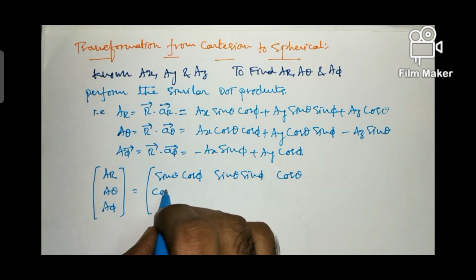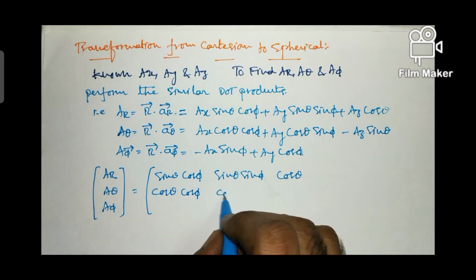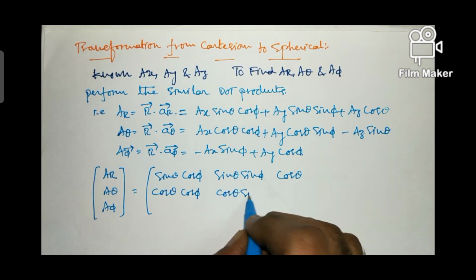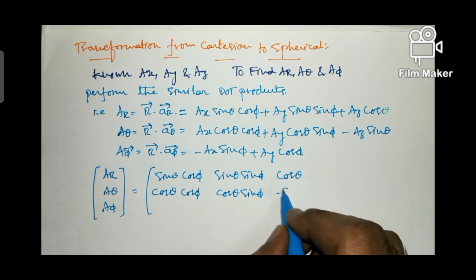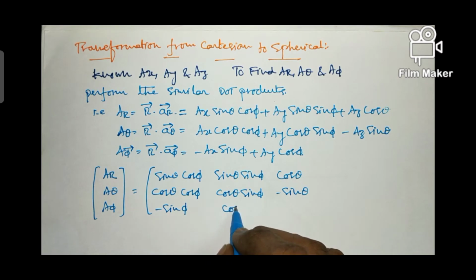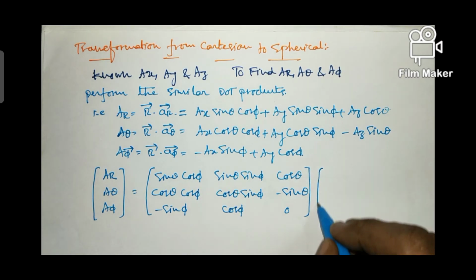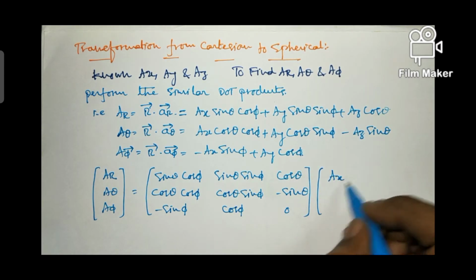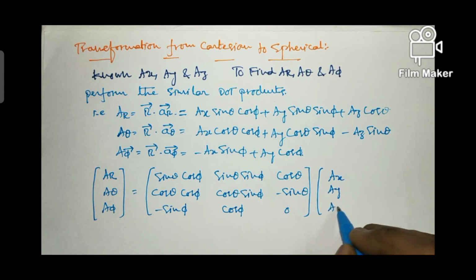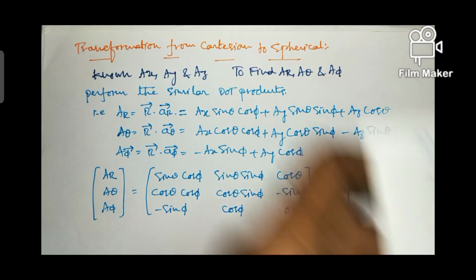The second equation, cos theta cos phi, cos theta sin phi, minus sin theta, and for the third equation minus sin phi, cos phi, and the third one will be equal to 0. So multiplied by Ax, Ay and Az, and if you perform this you will be getting the three coordinates in spherical system Ar, A theta and A phi.